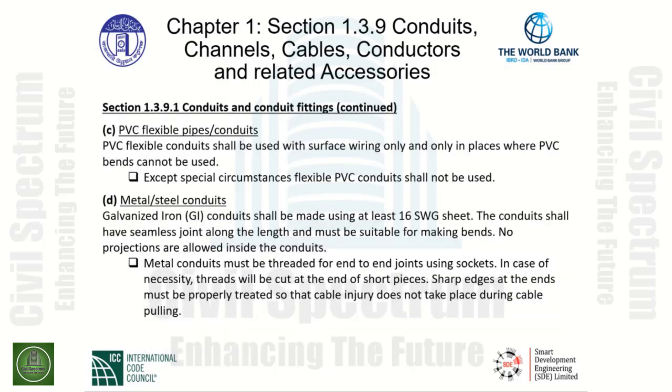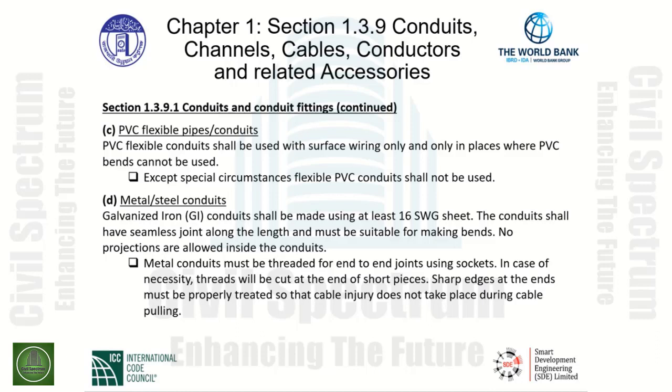Continuing with section 1.3.9.1 for conduits and conduit fittings, item C, PVC flexible pipes and conduits. PVC flexible conduits shall be used with surface wiring only, and only in places where PVC bends cannot be used. Except special circumstances, flexible PVC conduits shall not be used.